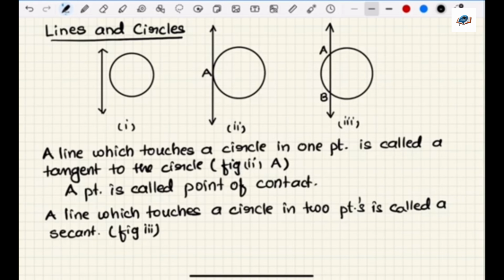Now, if I talk about tangents, I can have infinite tangents to a circle at different points. But at one point, I can have only one tangent.